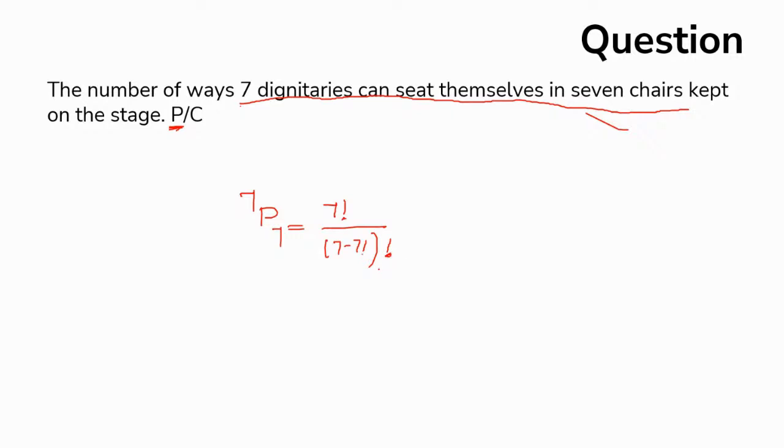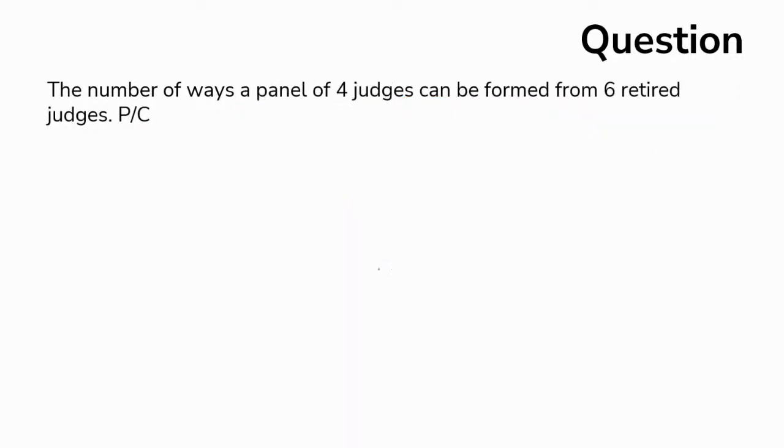Going for the next one: the number of ways a panel of four judges can be formed from six retired judges. Four judges are to be formed from six retired judges. Is it a permutation question or a combination question?